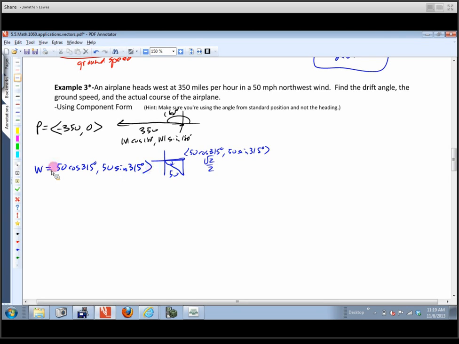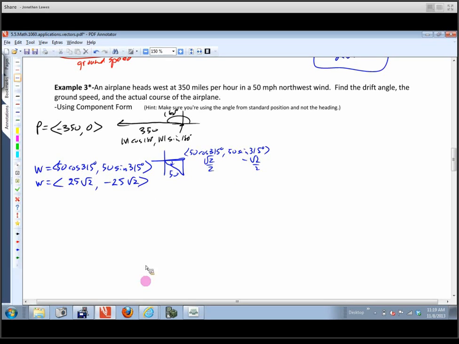Now, to be convincing and show that this actually works, if I multiply these, the 50 cancels with the 2, so this is going to be 25 radical 2. And this one is down, so this is going to be negative radical 2 over 2, so negative 25 radical 2.